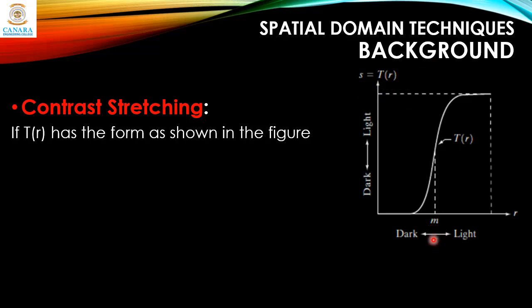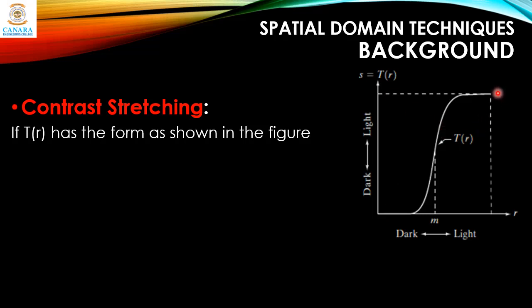Now you can see here, left to right is dark to light. So the left side is dark, and as you move towards the right side on this x-axis it is lighter or brighter pixel values, and similarly on the y-axis the origin is dark. As you move upward you hit higher intensity or brighter pixel values.